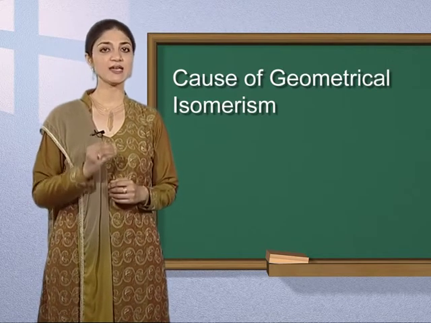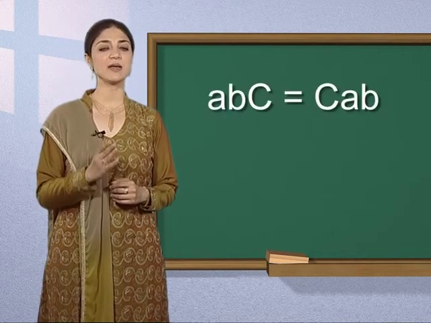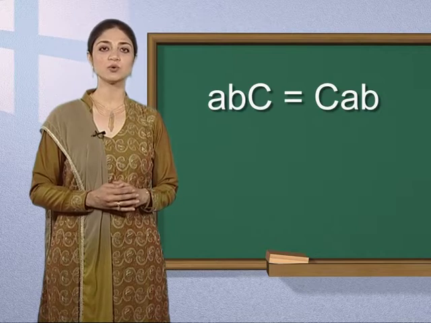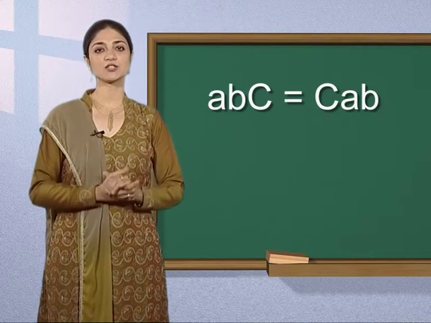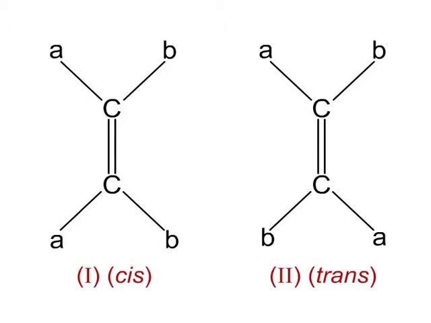Hence, alkene derivatives of the formula ABC=CAB can be written by two spatial arrangements as shown on the screen. In spatial arrangement 1, similar groups are present on the same side of the double bond. This is called the cis isomer. While in 2, the similar groups are present on the opposite sides of the double bond, so it is called the trans isomer.